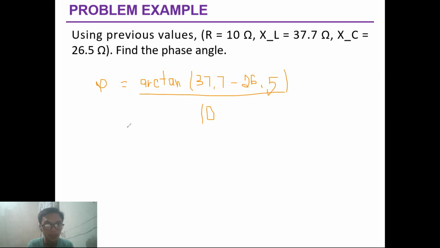So the phase angle is equal to arctan. Let's solve first the values inside the parentheses. We will get 1.12, already divided by 10. This is 1.12.